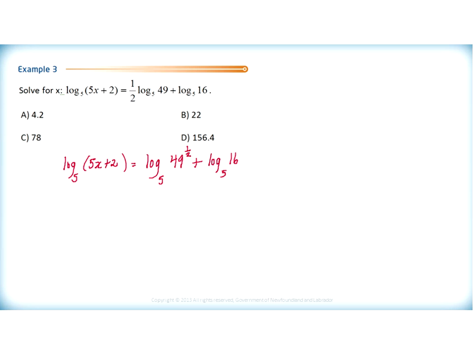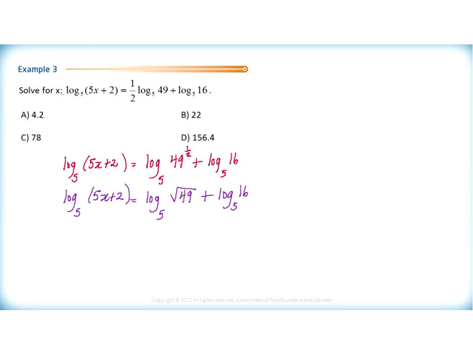Then we can take the square root of 49. So we have the log of 5x plus 2 to base 5 is equal to the log of 49 to the 1/2, which can be rewritten as the square root of 49. And we know that that answer is equal to 7.